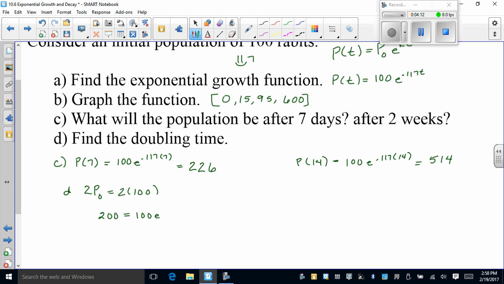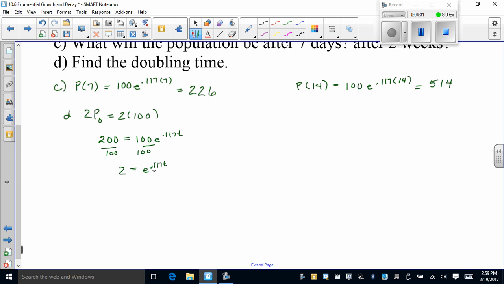Divide by 100, divide by 100, and we get 2 equals e to the 0.117 t power. We need to change this to logarithm since we have base e. It's going to be the natural log of 2 is equal to the exponent of 0.117 t.